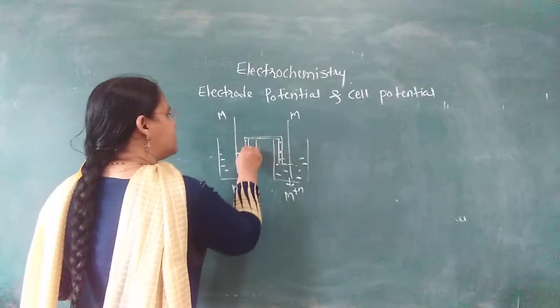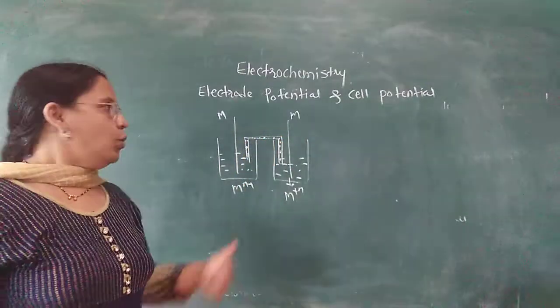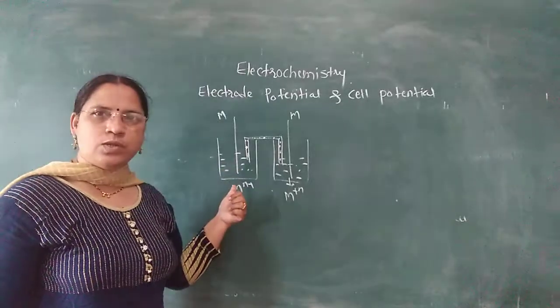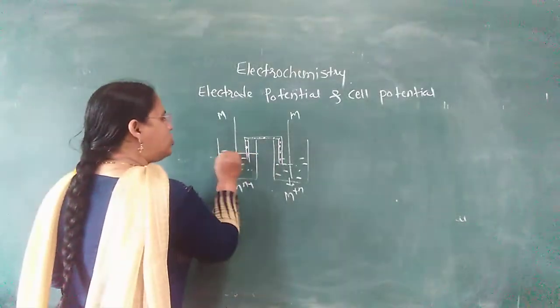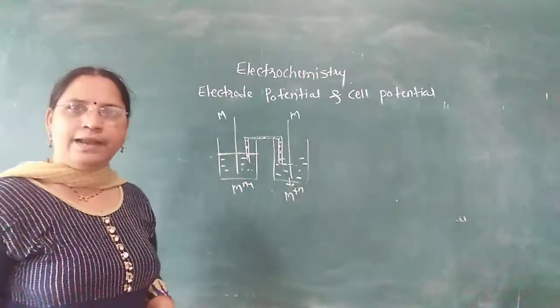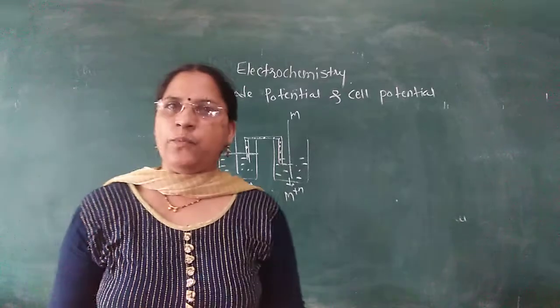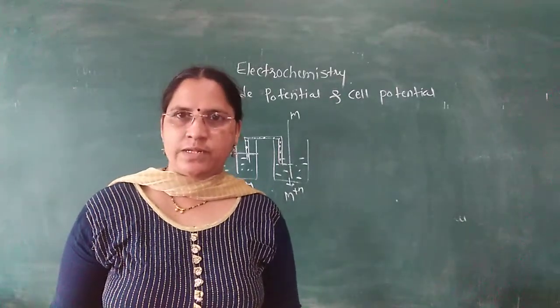That's how we discussed this part, isn't it? Now what will happen when a metal rod is immersed into a solution of its own ion? At the surface of separation of the metal and the solution, a potential difference is established.